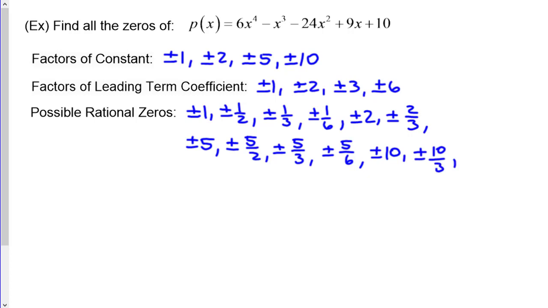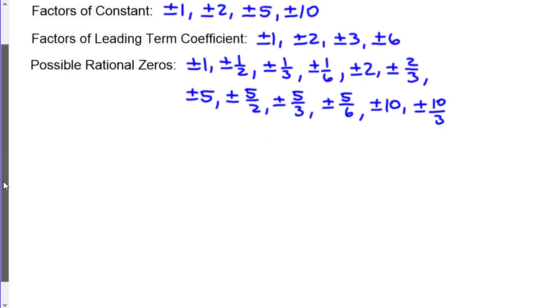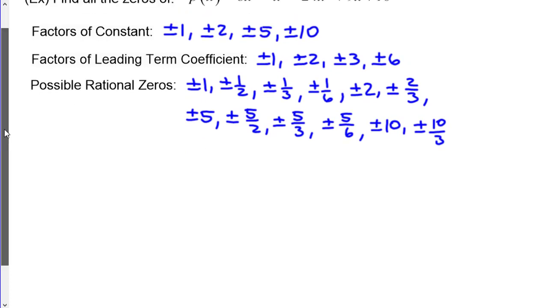And 10 over 6 would reduce to 5/3, and that's already in my list. So this is all my possible rational zeros. This is a pretty lengthy list, and the number of potential zeros that exist can be kind of intimidating.